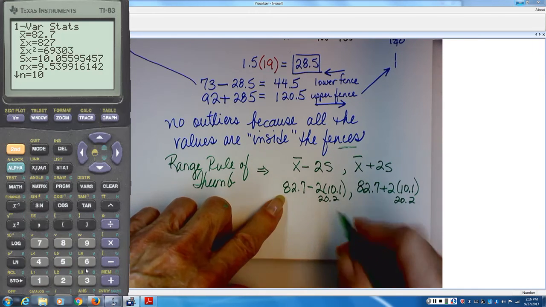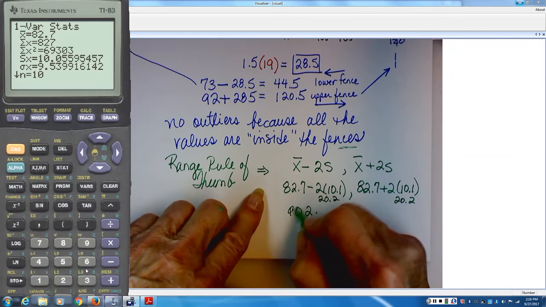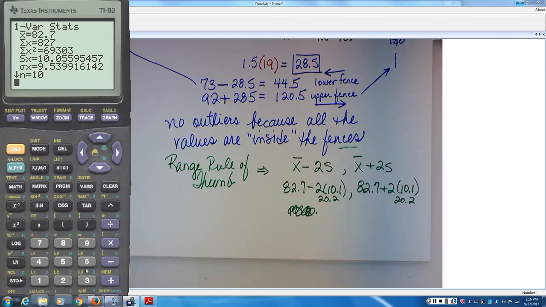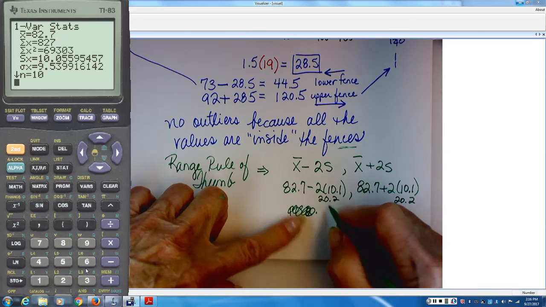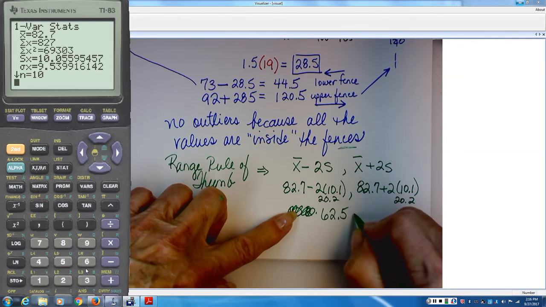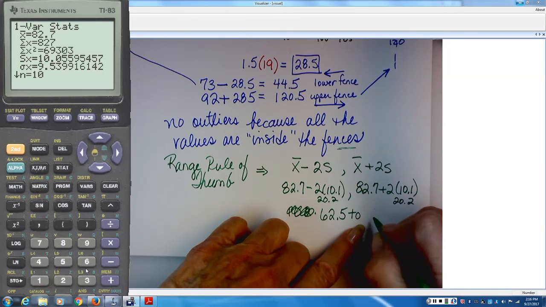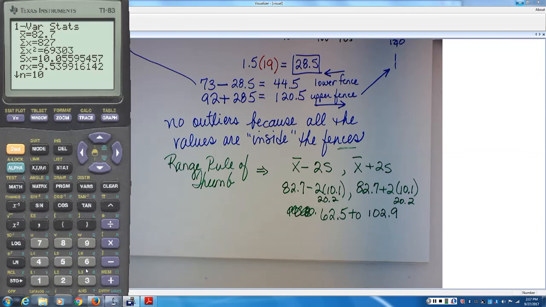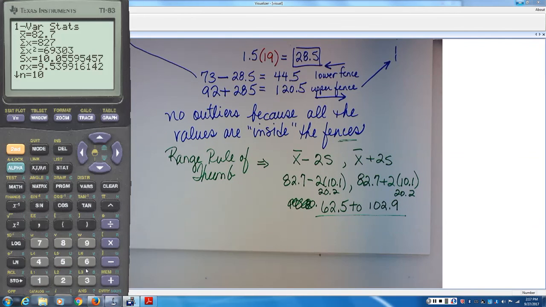So when we add these together, oh, wait, subtract that one, sorry. We get 62.5. And when you add 20.2 to 82.7, you get 102.9. So all of your data are still between those.